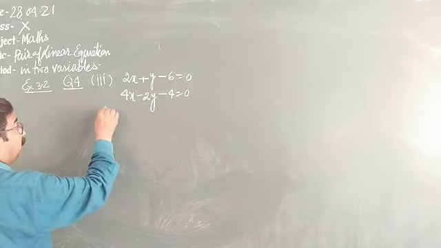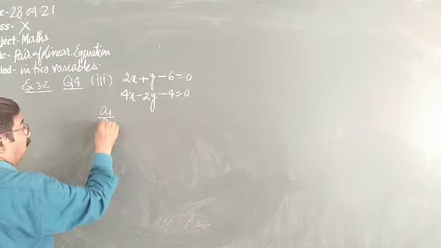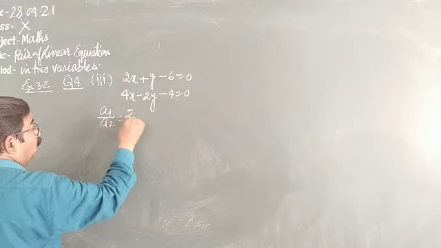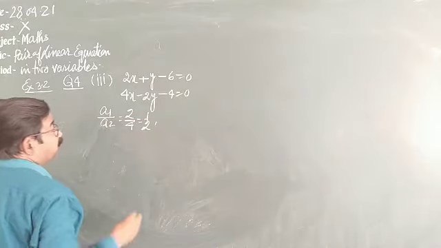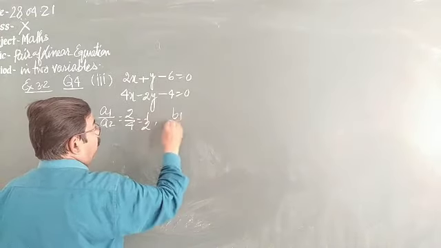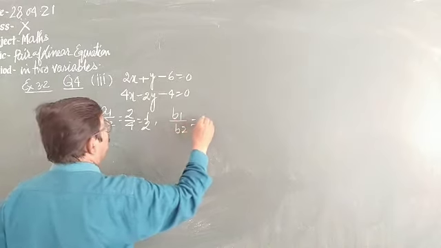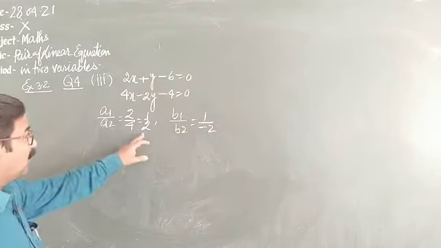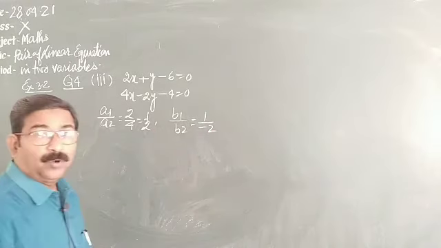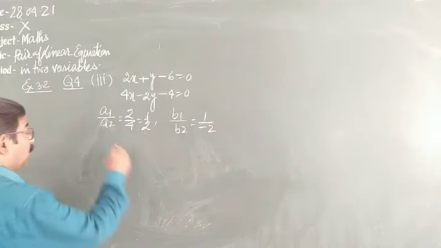We have a1 upon a2 is equal to 2 upon 4, which is 1 upon 2. b1 upon b2 is equal to 1 upon minus 2. So this is 1 upon 2 and this one is minus 1 upon 2. They are not equal.